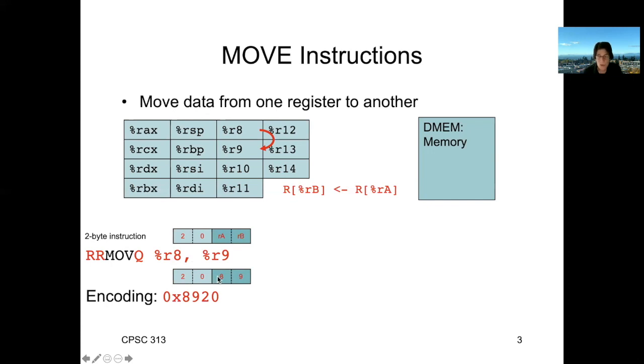So this is what the instruction looks like in memory in little endian representation. Now, if I want to give you the hex value for that, we're going to have to remember how to convert between little endian and hex notation. So the encoding for this instruction actually has 8920, which looks a little backwards. Why is that? Well, little endian says that the first byte that we see in memory is the low order byte.